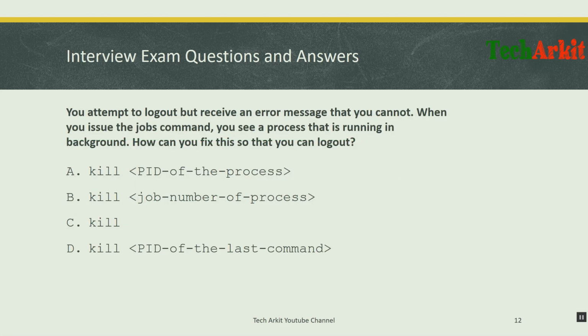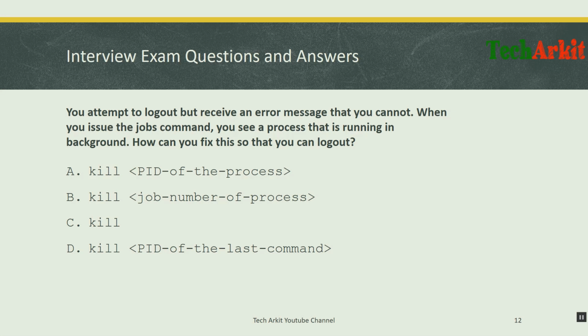The next one: you attempt to log out but receive an error message that you cannot. When you issue the jobs command, you see a process that is running in the background. How can you fix this so that you can log out? For example, you type exit to log out from the system, but it says that you cannot because there are some running processes in the background.